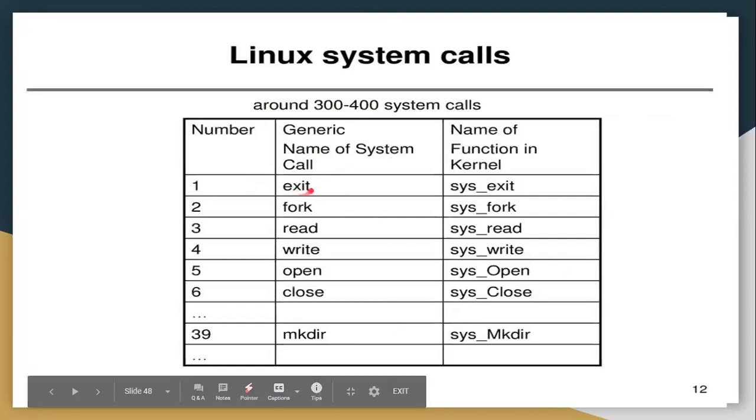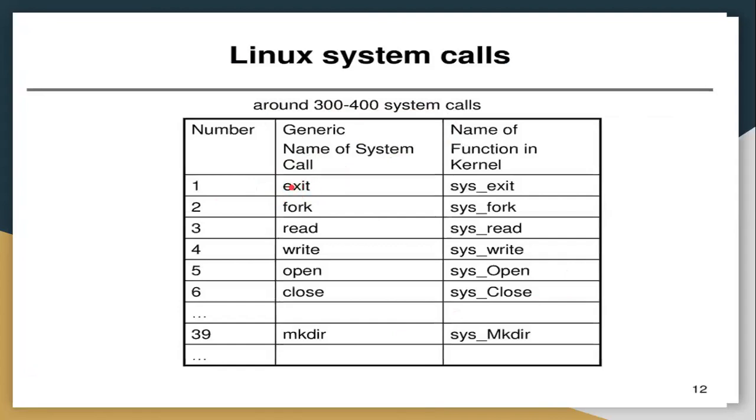For example, if you want to exit from the process or the terminal or the shell, then you use the command exit, and the function in the kernel is sys_exit. Similarly, forking: you can divide a parent into subprocesses by a call called fork, and the system call is sys_fork.